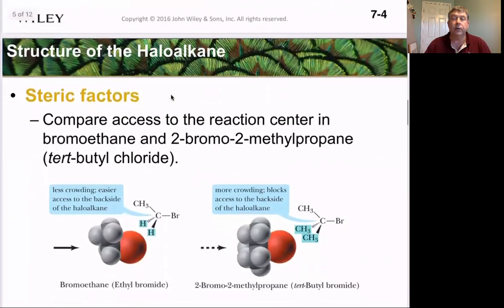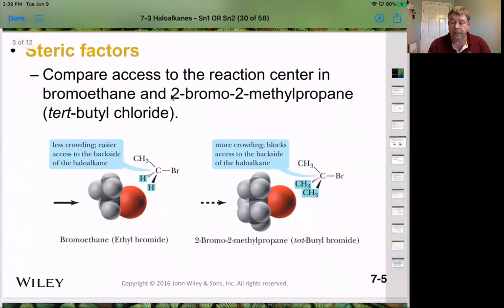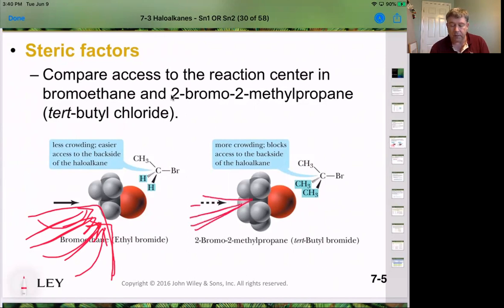In the steric factor, we can imagine with just a primary alkyl halide here, we have 2 small hydrogens that are possibly blocking attack by the nucleophile in this direction right here. So that means this nucleophile can come in any of this area here and still form a new sigma bond with that material. However, in the presence of a tertiary alkyl halide, that nucleophile window is very much smaller right here.